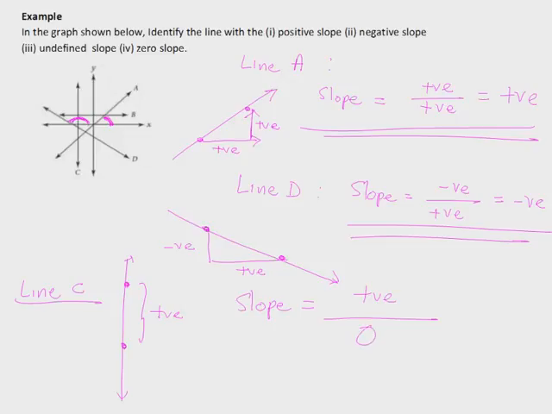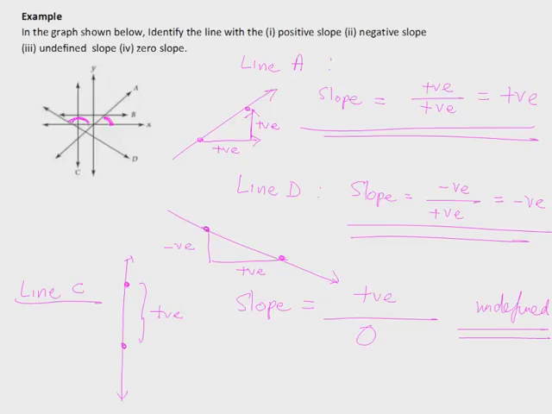If I were to use the formula for slope, because there's no horizontal movement, this is undefined. You cannot divide by 0. So vertical lines have undefined slopes. People like to say their slope is infinite, but there's no such number as infinite, and slope is a number. So the accurate description is that vertical lines have undefined slopes, or they do not have a slope.